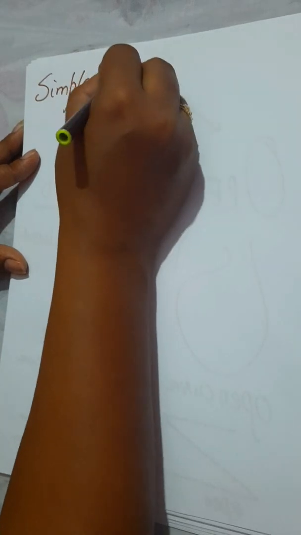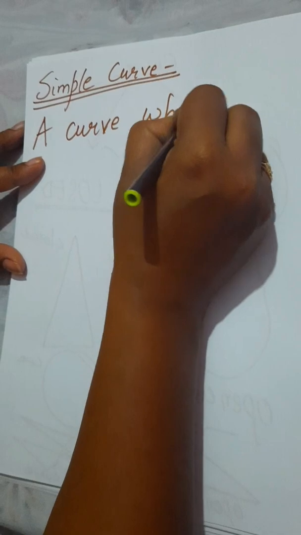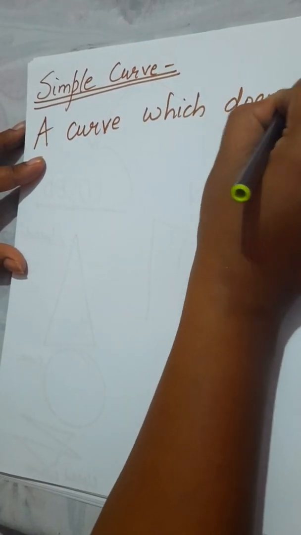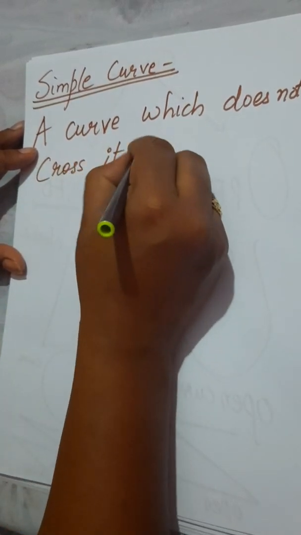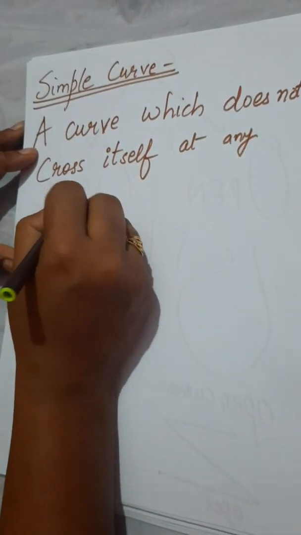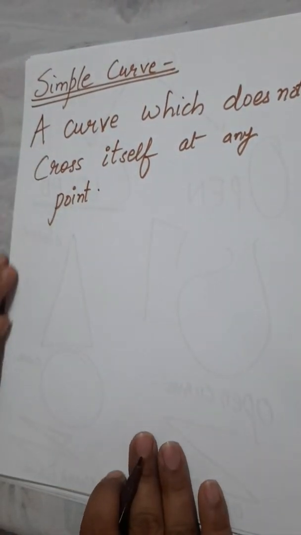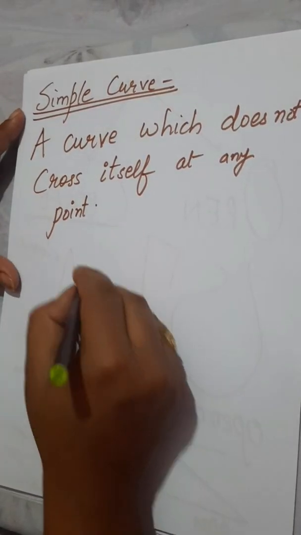Now next we have simple curve. A simple curve is a curve which does not cross itself at any point, like this.